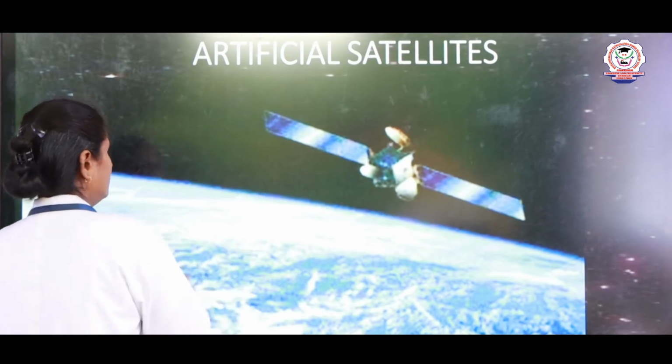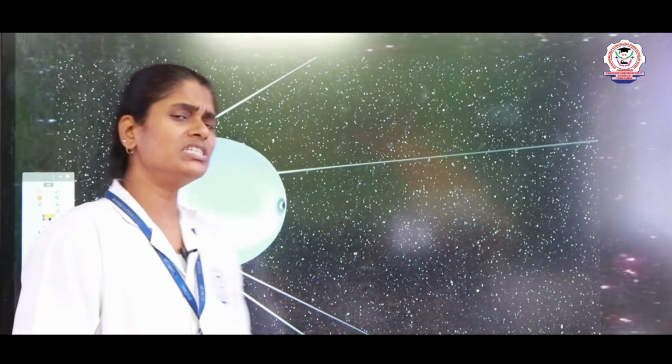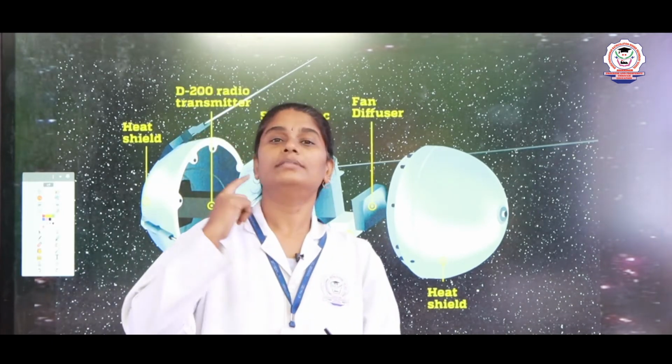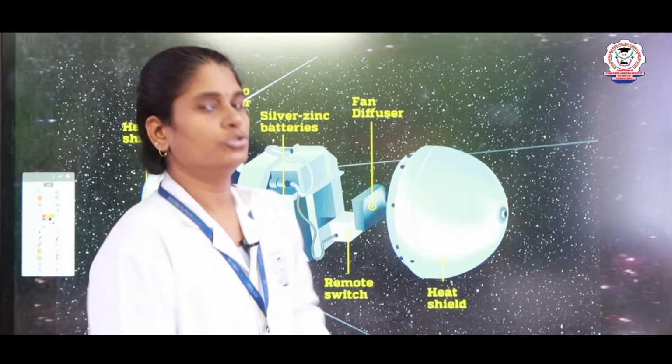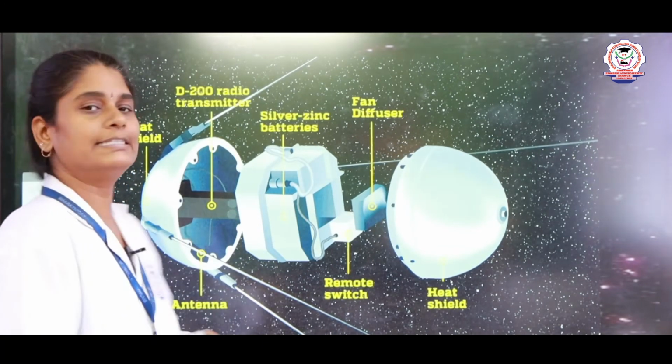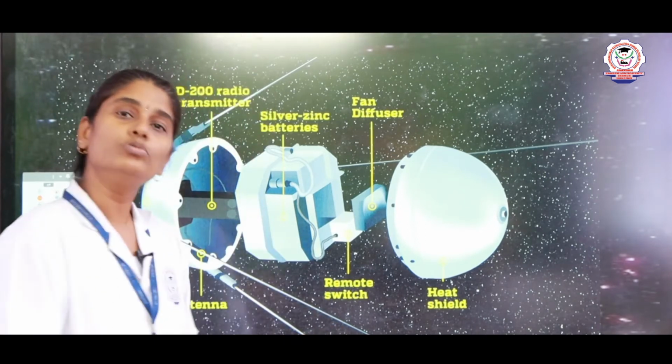Now let's see which is the first artificial satellite that went to space. This is the first satellite that went to space.